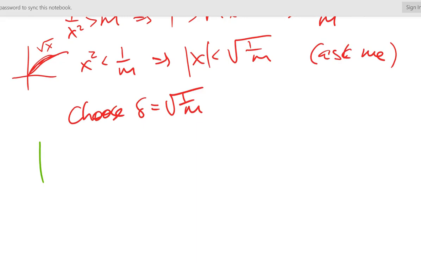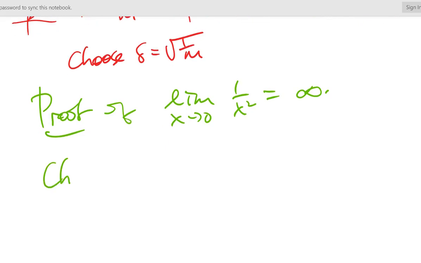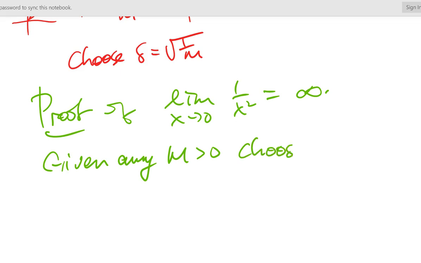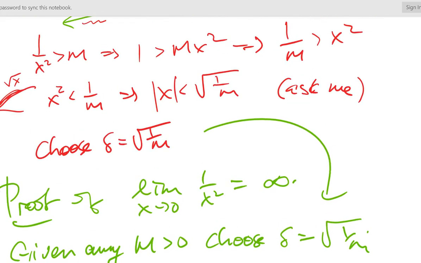So let me do the proof in green as before. Proof of limit as x goes to 0 of 1 over x squared is equal to infinity. Given any m greater than 0, choose delta to be equal to square root of 1 over m. It's from here. Then we see up here that delta is equal to square root of 1 over m.